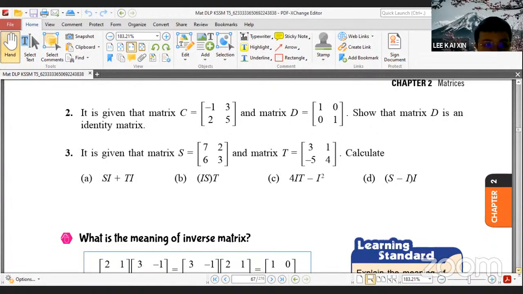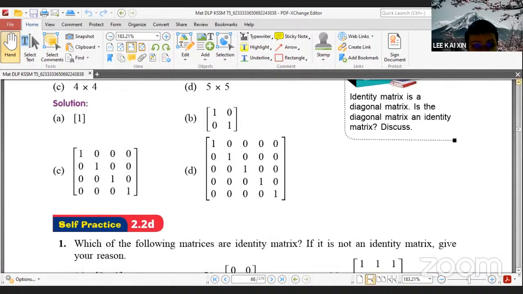Okay, like number 2, it is given that matrix C is -1, 3, 2, 5, and matrix D is 1, 0, 0, 1. Show that matrix D is an identity matrix. How to show an identity matrix? We look at the sample above.